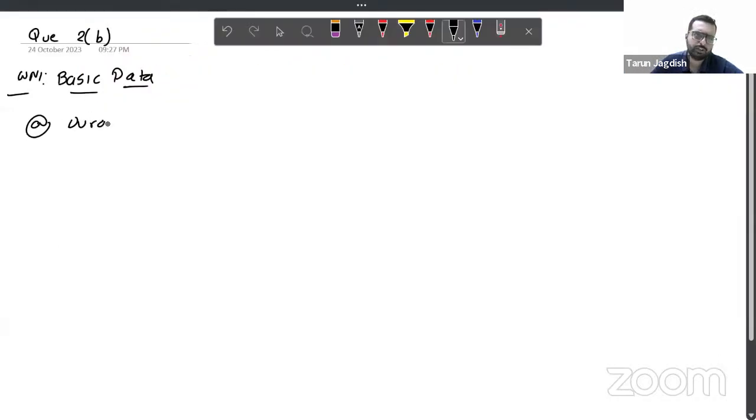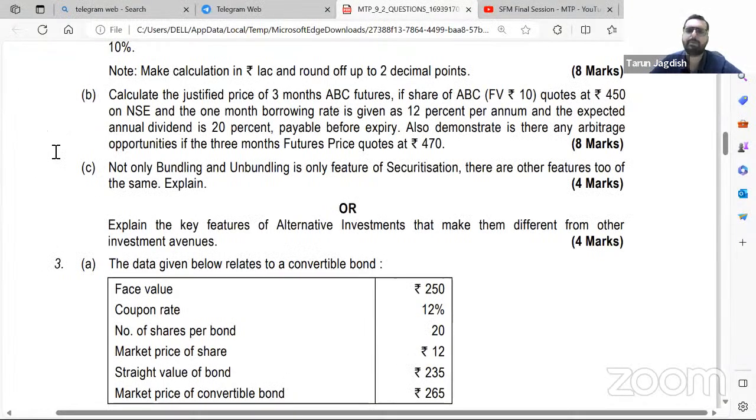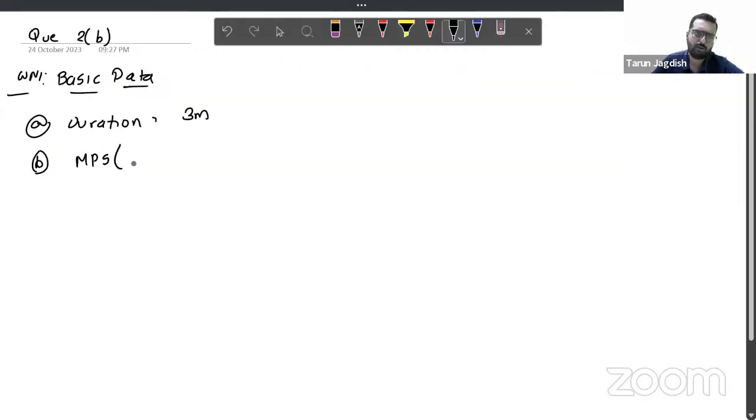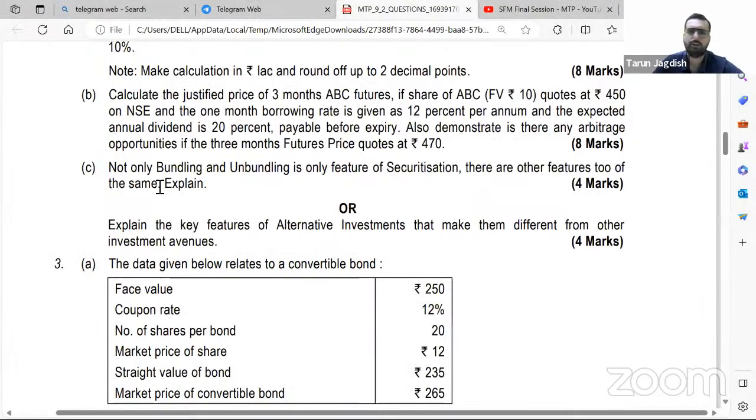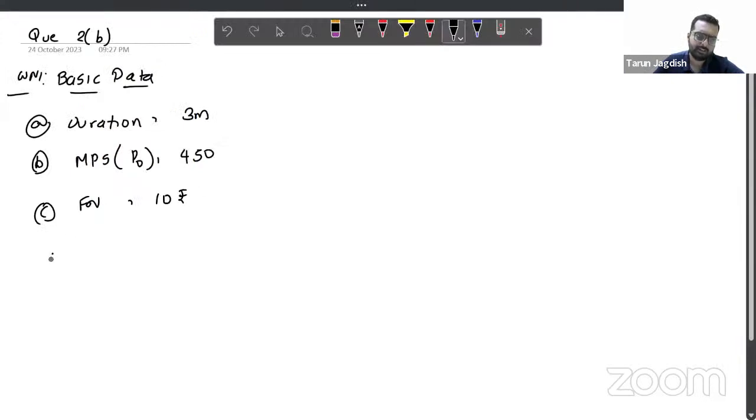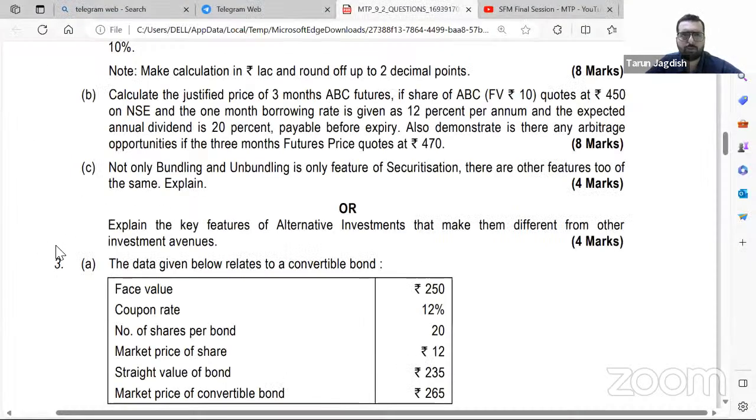So what is the duration they have told over here? This is going to be 3 months. All right. If the share price of ABC is quoted at 450, so the MPS or P0 today is how much? 450. What is the face value they have told over here? 10 rupees is the face value. All right.